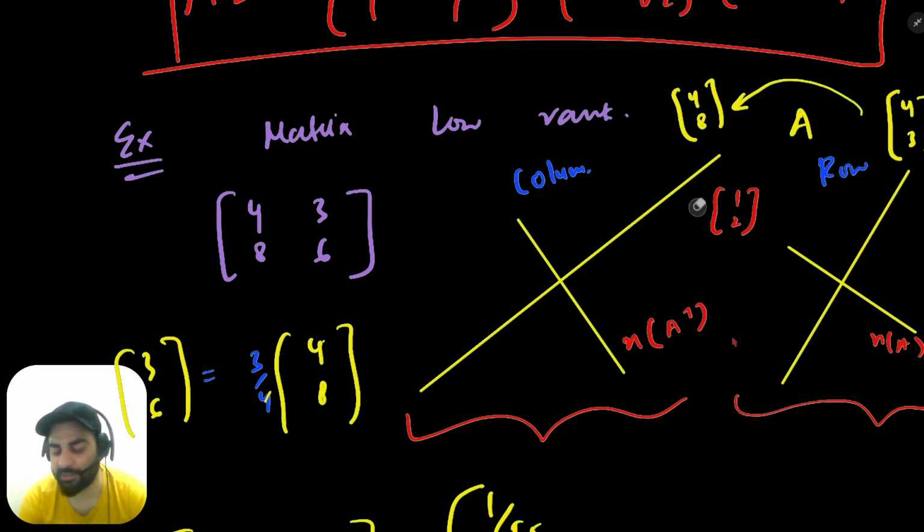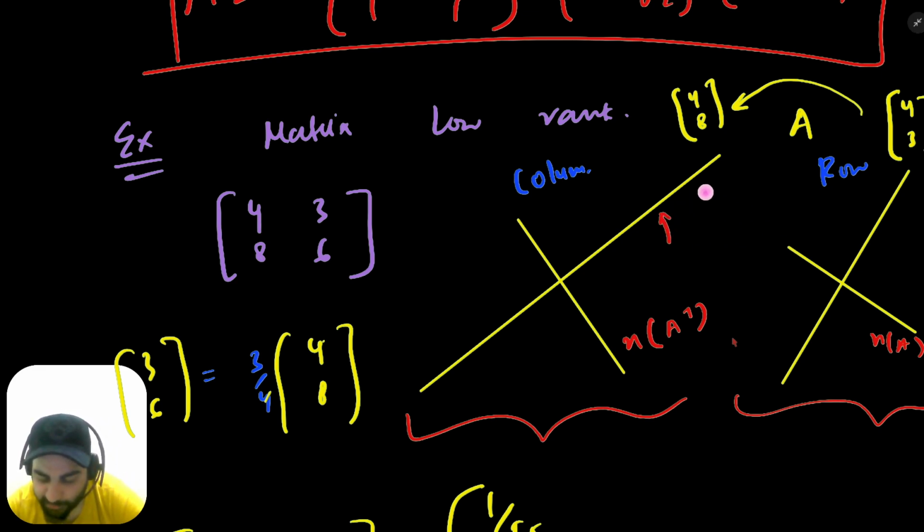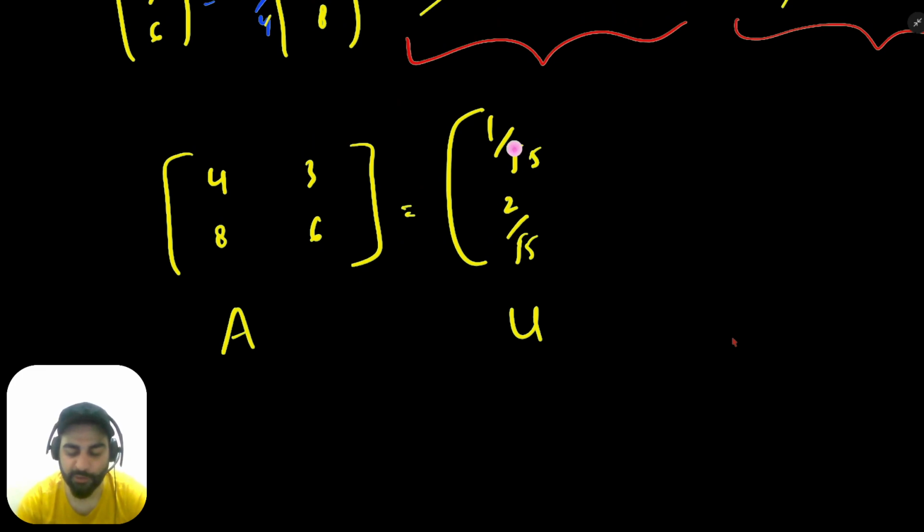So 1 2 is the basic vector, because 4 8 you can write as 1 2, since that lies on the column space. To normalize this, you divide by the square root of 2 squared plus 1 squared, that is root 5. So the normalized vector lying on this is 1 by root 5 and 2 by root 5. That's how I got this U1.